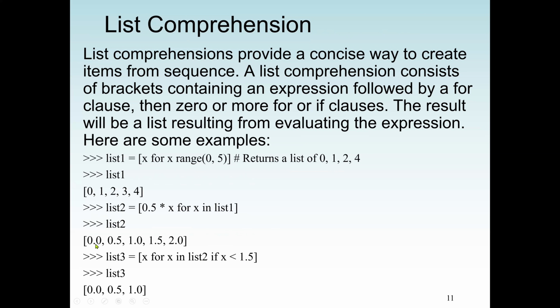So if this is list 2, then we get 0.0, 0.5, 1.0, that's it. Is 1.5 less than 1.5? No. Is 2.0 less than 1.5? No. So only the true conditions will be stored in list 3. So if we invoke list 3, it will give us the items there, which is 0.0, 0.5, 1.0.